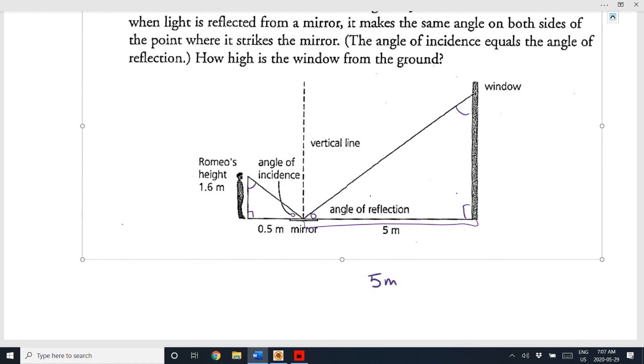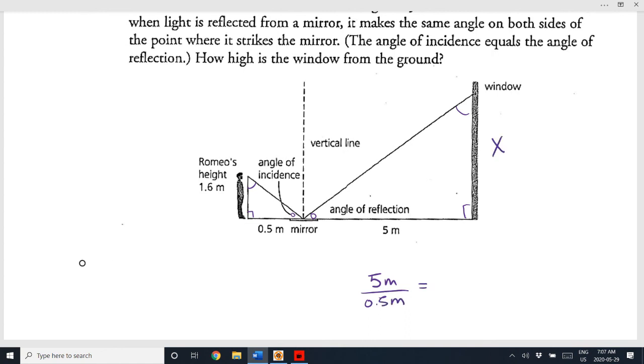And we know that's similar to the distance between here and here, which is 0.5 meters. We don't know the height of the window. We'll call it x. So that's on our big triangle. And on our little triangle, we know the similar height is 1.6.